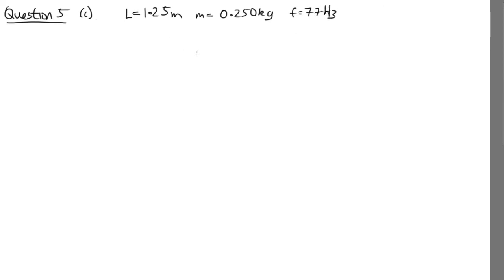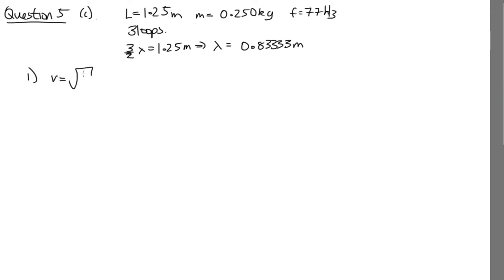And looking at the string, we've got 3 loops. So we can say that we've got 3 half wavelengths. So 3 over 2 lambda is equal to 1.25 meters, which tells us that lambda is equal to 0.83333 meters.